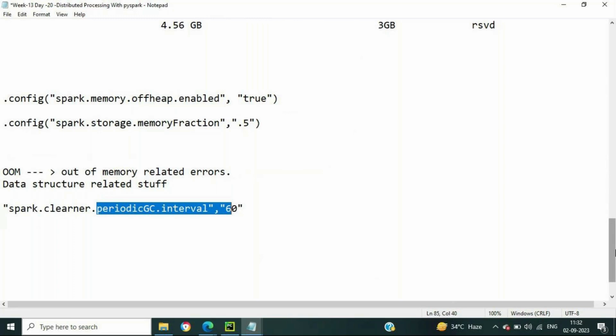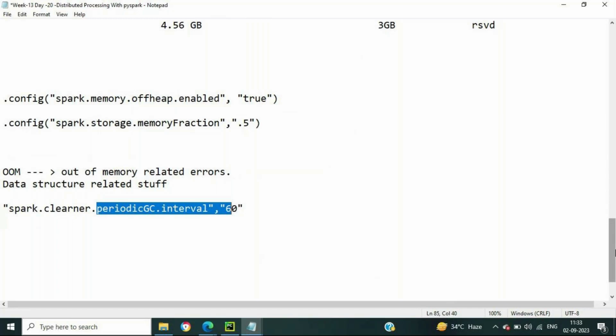Because the space is being occupied by the garbage. In order to clear that, we need to set these garbage collection related properties and clear the objects available inside the memory.